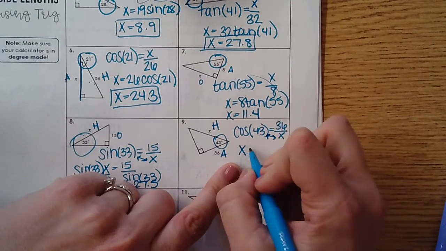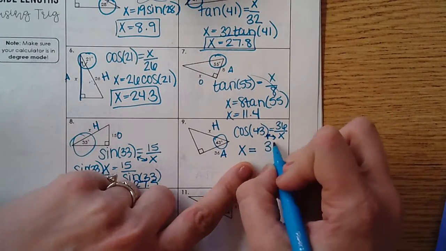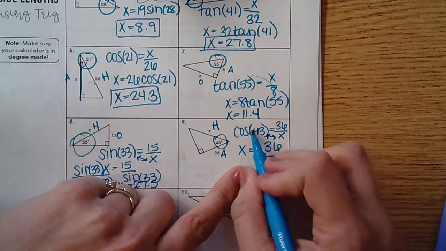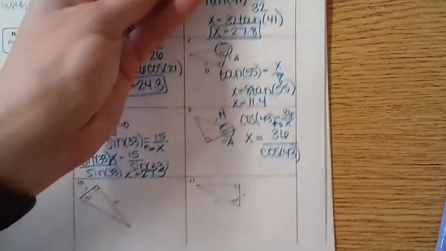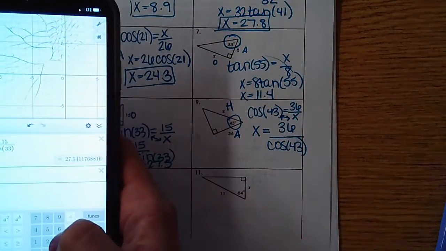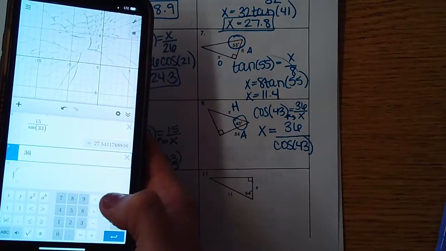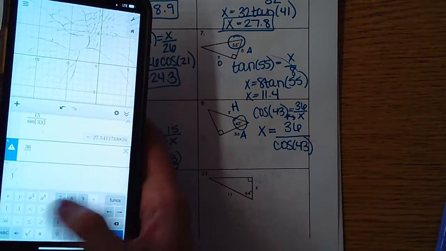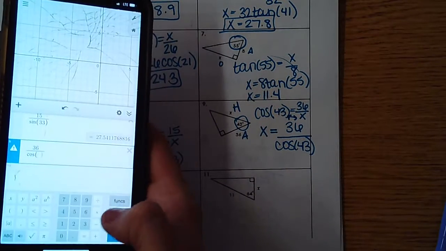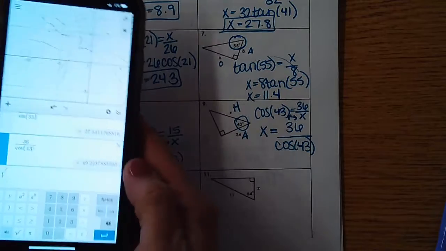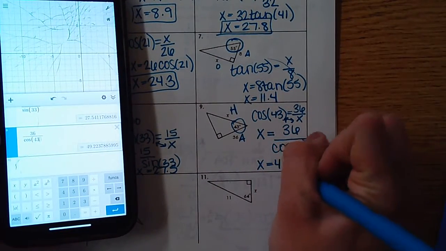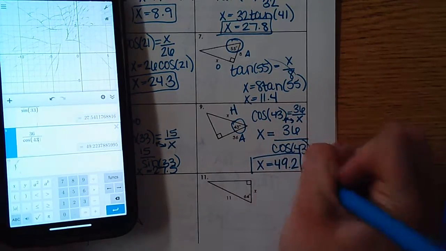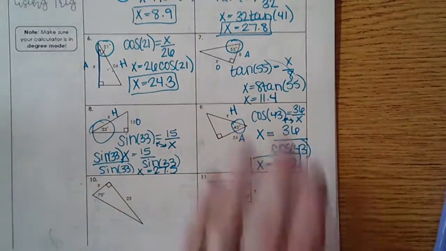So that brings an x out here. 36 stays where it's at, and the cosine drops below. Cosine of 43. 36 divided by function cosine 43 is 49.2. X equals 49.2. All right. So good job.